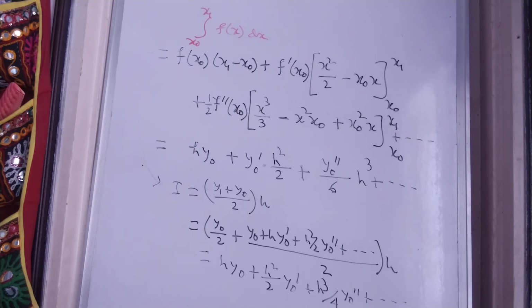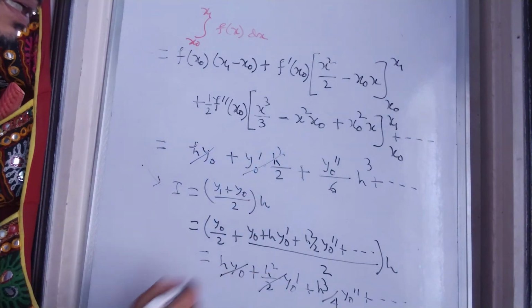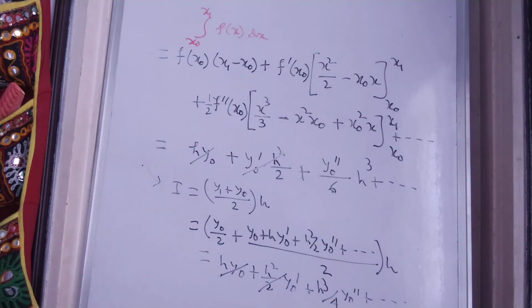So what is the error involved? If we subtract this from this, we see that these two cancel out, and this term is actually nothing but h cube by 4 minus h cube by 6.